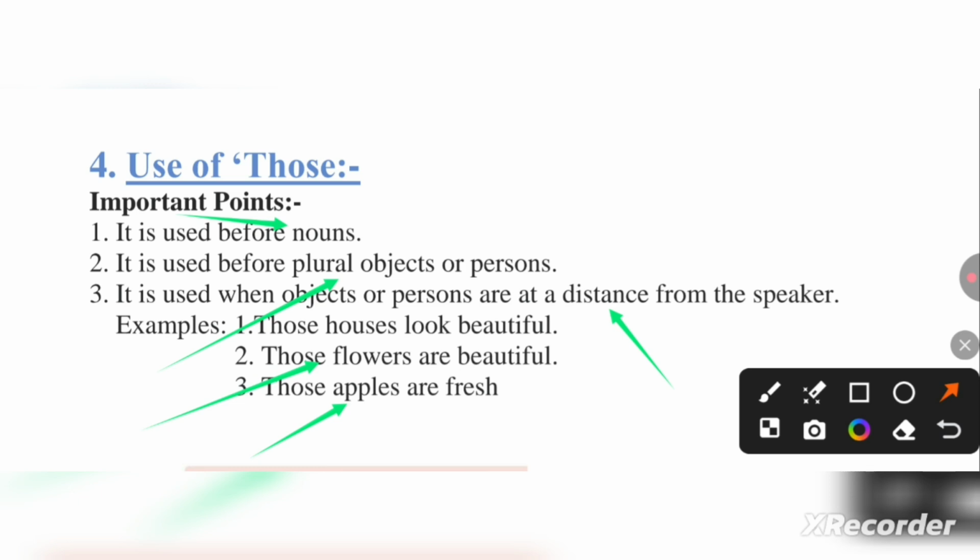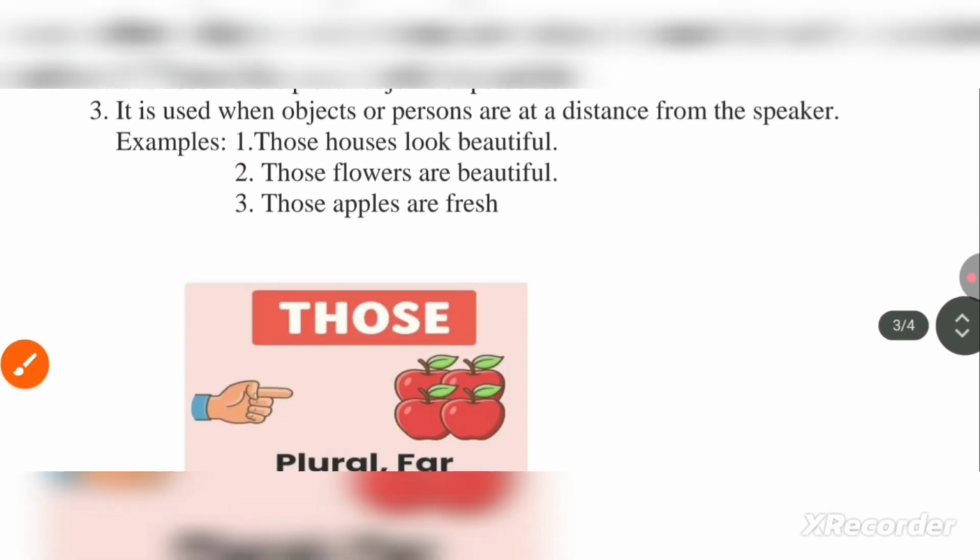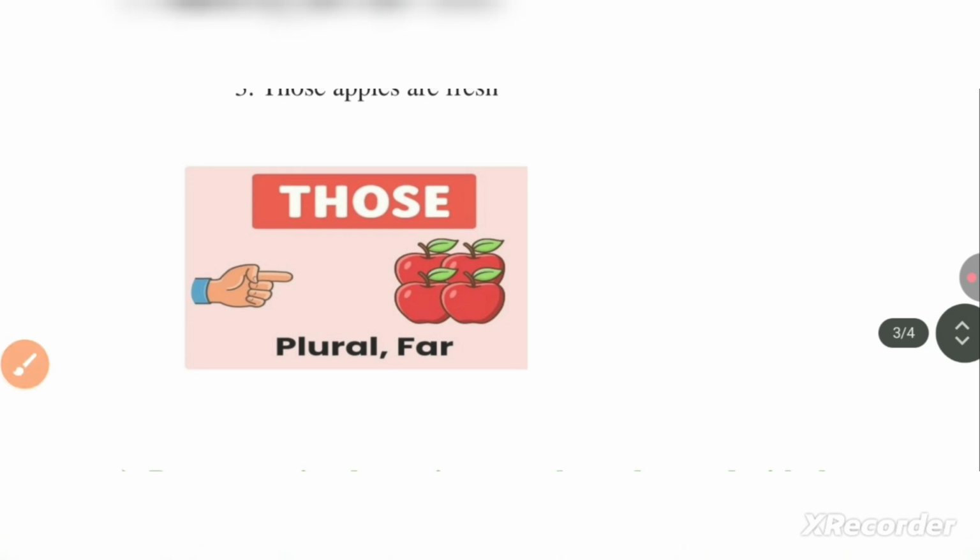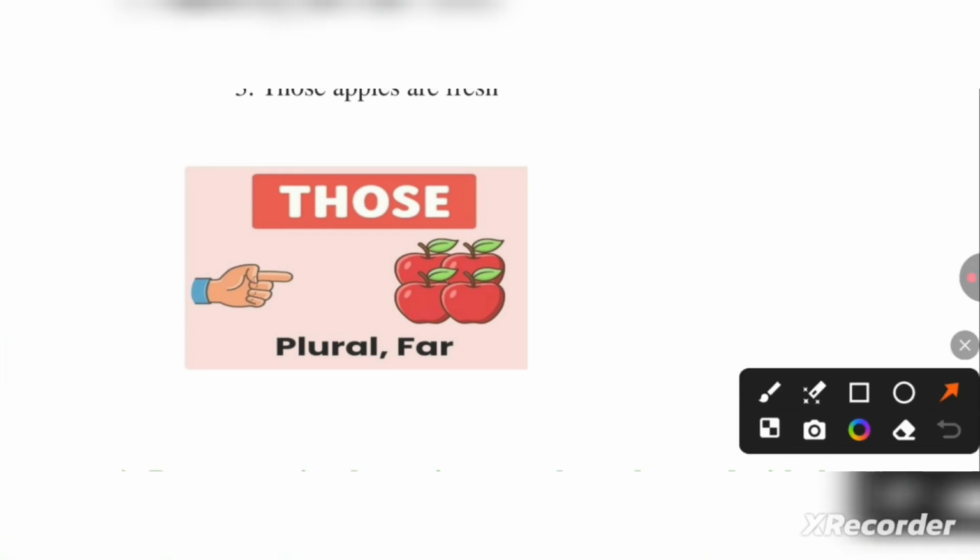Here we can see that all of the important points have been kept in mind where we have to use demonstrative determiner those. It can be clarified from the image which is given over here. Here you can see that these apples are located some distance from the speaker.